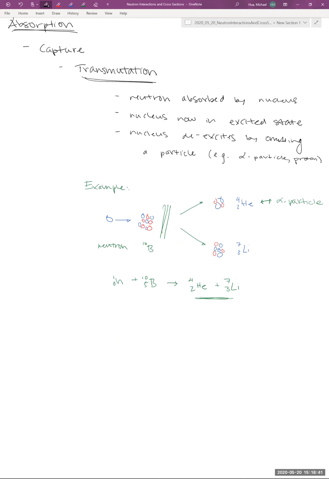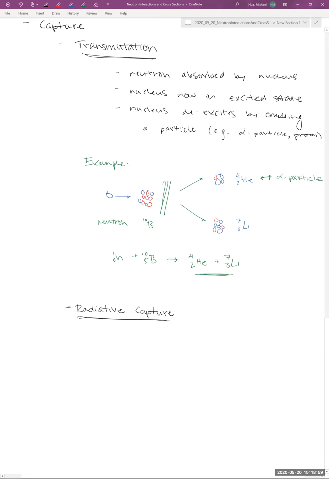So a less violent version of capture is radiative capture. And I'm going to be facetious about this to kind of show that the effects are similar. So the neutron is going to be absorbed by the nucleus, which means that the nucleus is in an excited state.